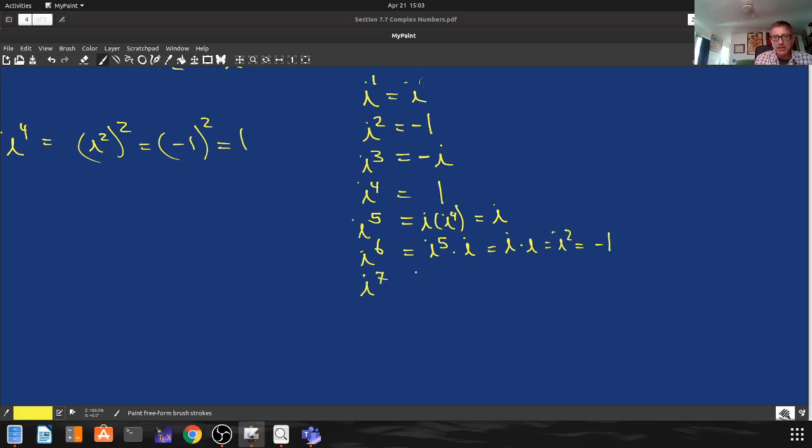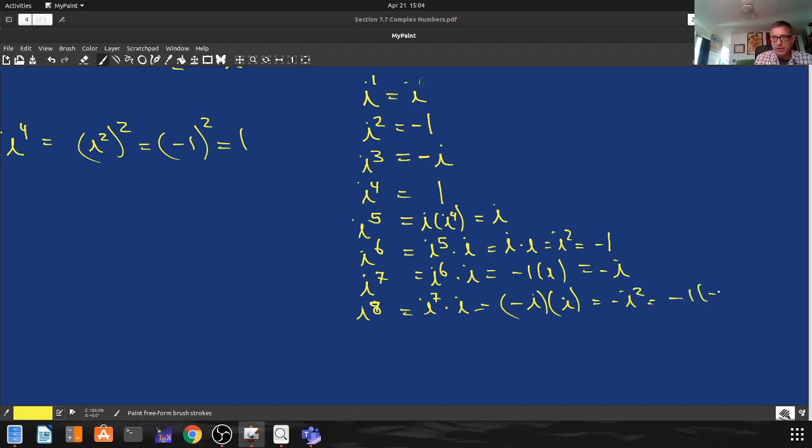I to the seventh is equal to I to the sixth times I, but I to the sixth is minus 1 times I, which is minus I. And I to the eighth is equal to I to the seventh times I, but I to the seventh is minus I times I, which is minus I squared, which is minus 1 times minus 1, which is 1.